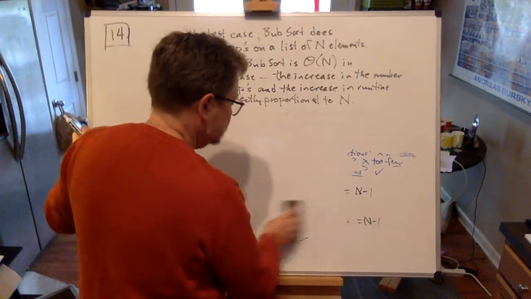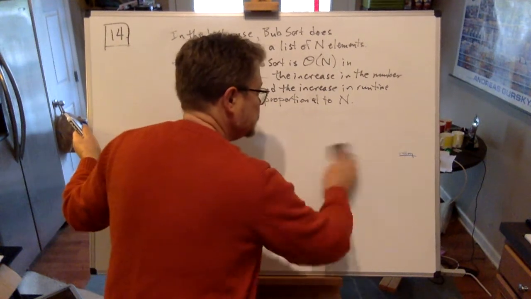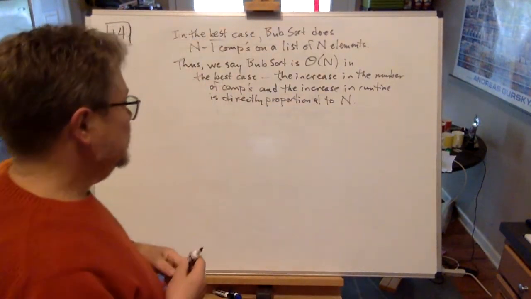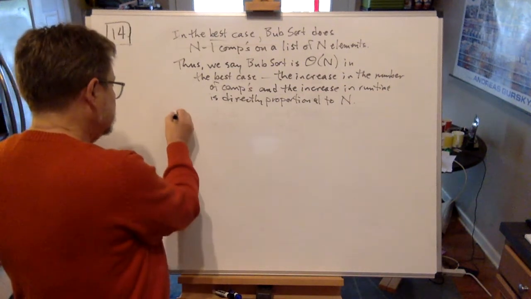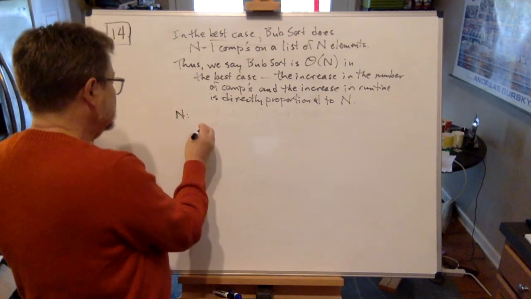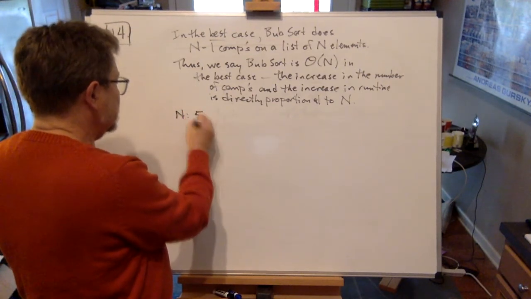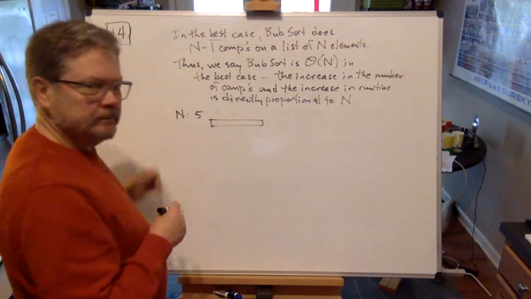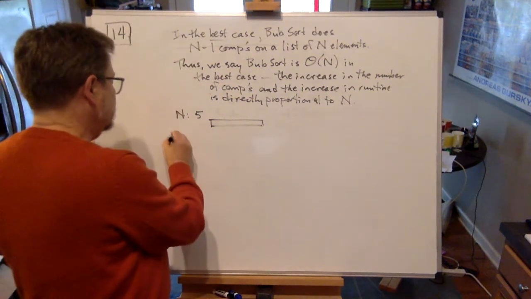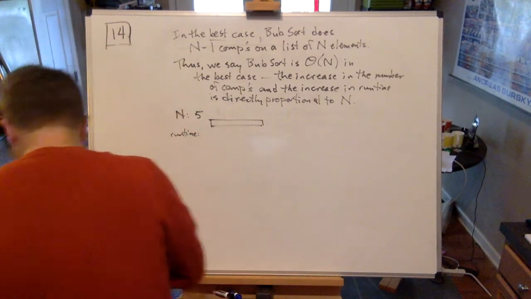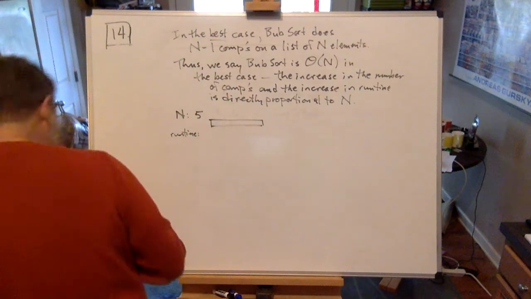It's trying to tell us something. Let's see if we can untangle that and turn it into something closer to plain English. What is that trying to say? Well, let's say n is 5. All my black markers are going dry at the same time. Here, this is an abstract representation of a list of length 5. And the runtime, here's an abstract representation of the runtime in a different color.